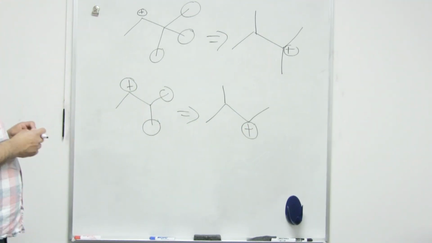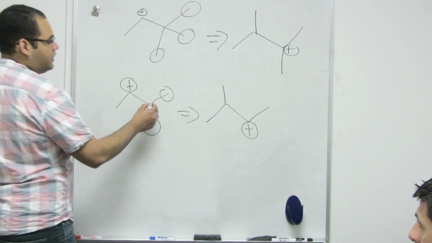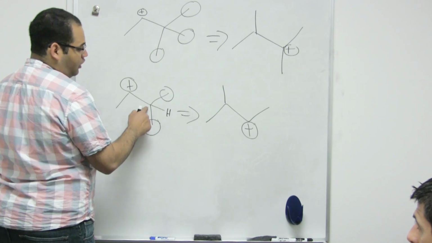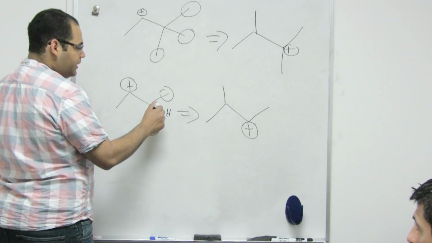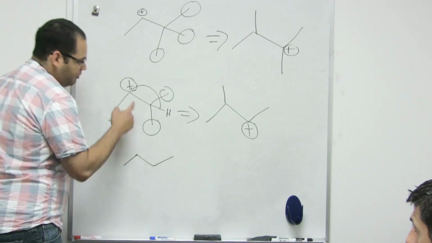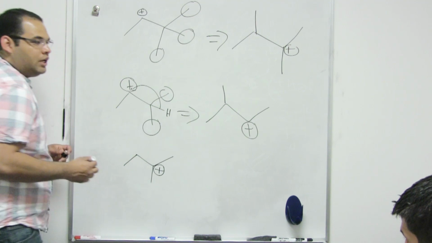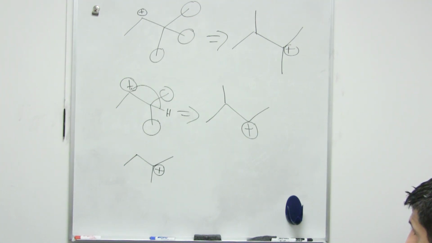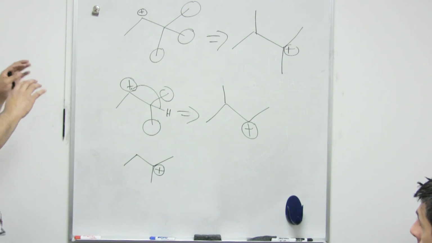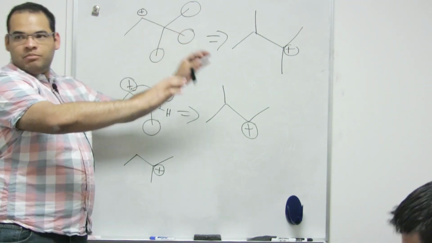So now there's another shift I could do if I have a hydrogen here, and I really do have one, because carbon has four bonds. If I do this shift, I move my carbocation from a secondary to a tertiary, which is more stable.